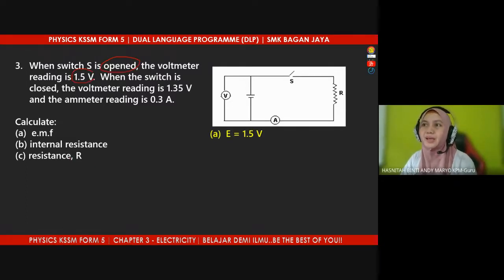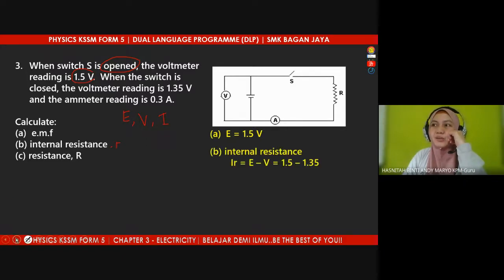Okay, internal resistance. How to find internal resistance? Internal resistance is small r. Okay, how to find? What do we have here? We have E. We have, this one is V. We have I. So we can find r by the equation for the voltage drop. Again like this. Okay. So can you find the value for the internal resistance?